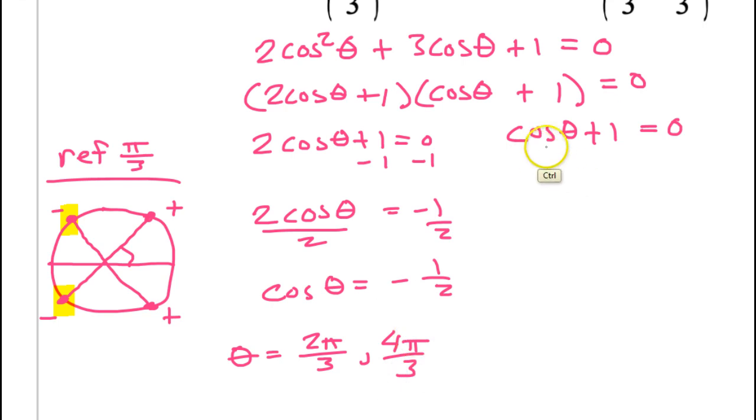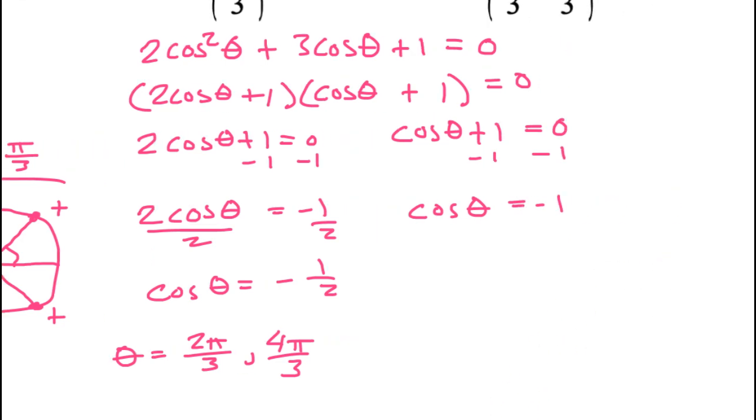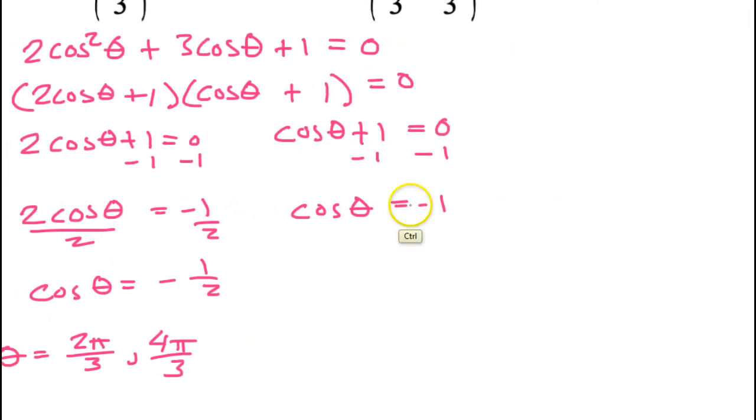Okay, now let's jump over to the cosine plus 1 equals 0. Subtracting 1 from both sides, we have the cosine is equal to negative 1. So where will that be true? Well, this is a quadrantal angle. This is not on the chart.